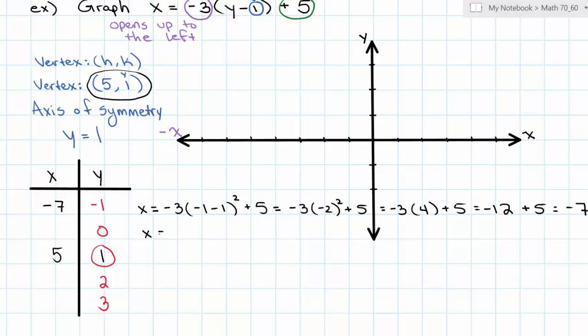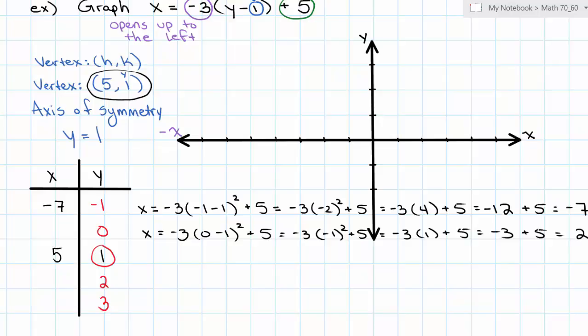Then we're going to substitute 0. (0 minus 1) quantity squared plus 5. Negative 3 times (negative 1) squared plus 5. That's going to give me negative 3 times 1 plus 5. And negative 3 plus 5 is 2.